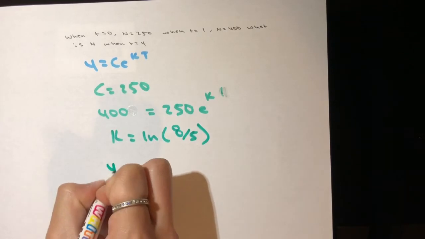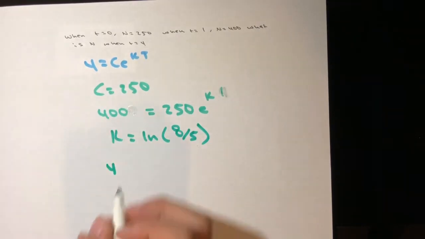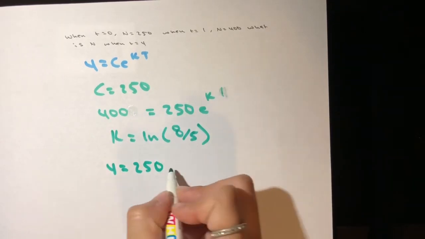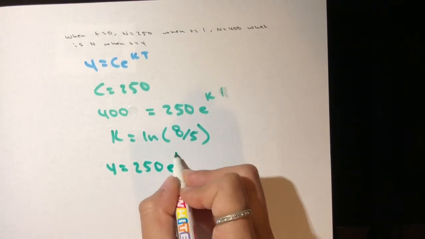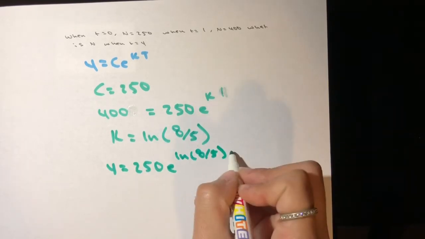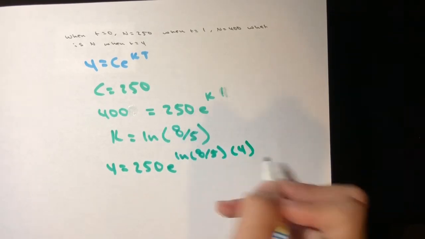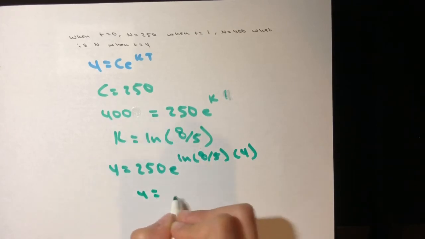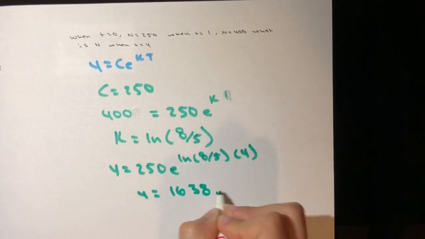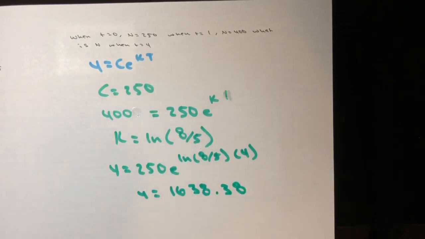So then we're going to put it into our original equation and then plug in our new thing. So k is ln 8 over 5, and then 4, and y is going to come out equaling 1,638.38.